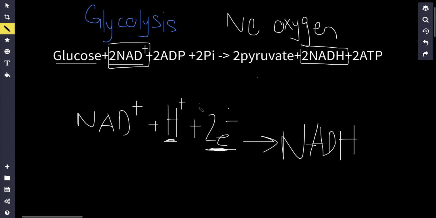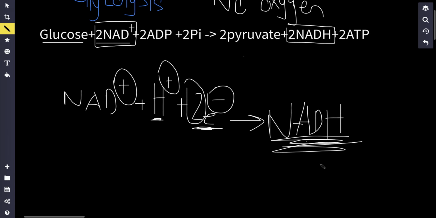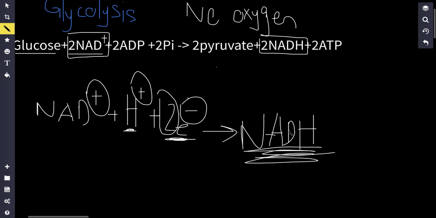But just know that for right now, NAD plus reacts with this hydrogen ion, gains 2 electrons, and becomes NADH. Notice how there's 2 positive charges and 2 negative charges, so all of that cancels out to make a neutral thing. What you'll see later is that this NADH will release these electrons and this hydrogen ion, and it's going to do some amazing stuff later.